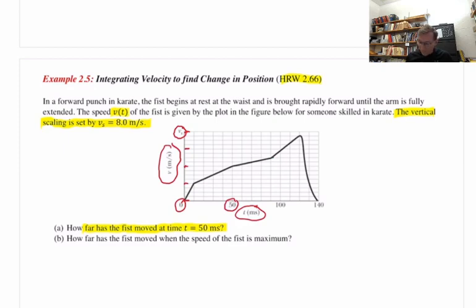So let's put that observation here on our work. Okay? Each space on the vertical axis equals 0.5 meters per second.